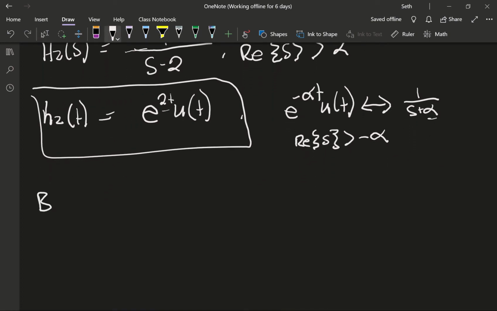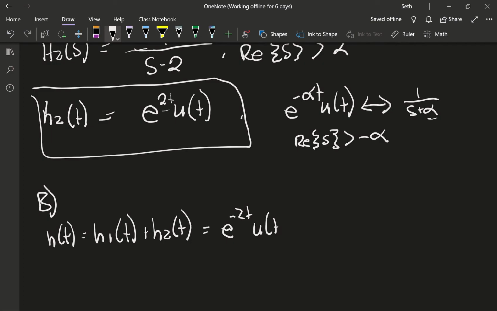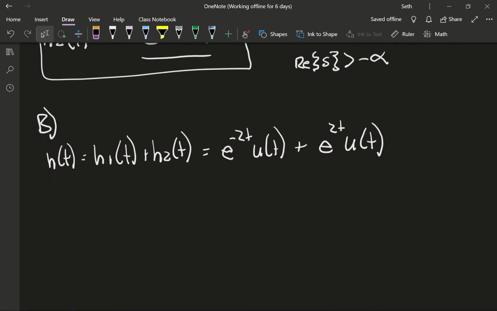So the overall impulse response will be h of t equals h1 of t plus h2 of t. h1 of t was given, and we found h2 of t in part A, it's here. That's B.